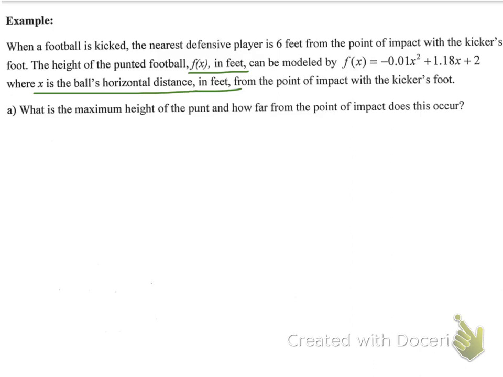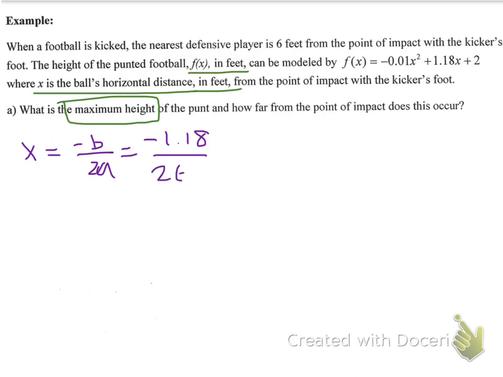So letter A says, what is the maximum height of the punt and how far from the point of impact does this occur? So the key word right here is maximum height. That means we're referring to finding the vertex. So we know we need to do x equals negative b over 2a. So in this instance, it will be negative 1.18 over 2 times a negative 0.01.